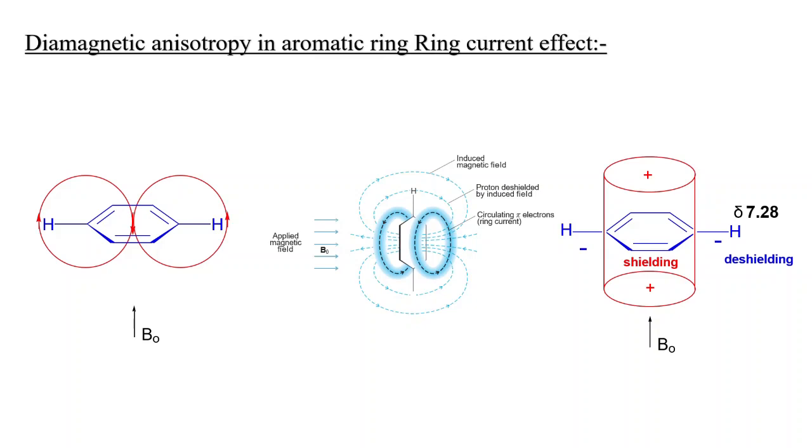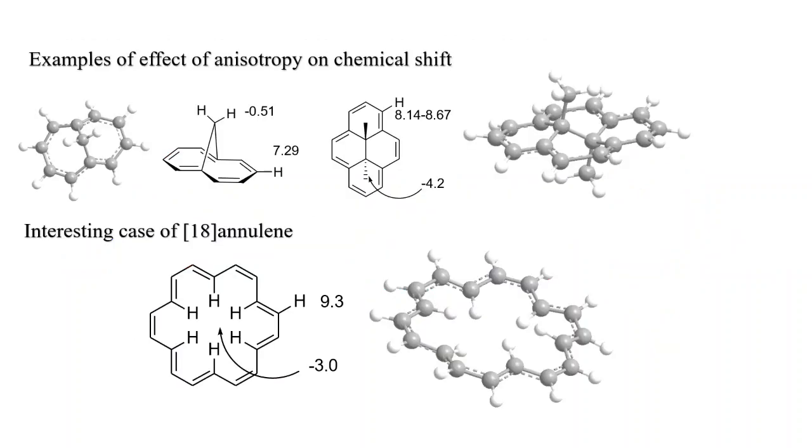Then I will explain some examples to better understand the de-shielding and shielding zone effect. So for example, this molecule, you see, is an aromatic molecule. In the case of an aromatic molecule, this will generate a ring current.